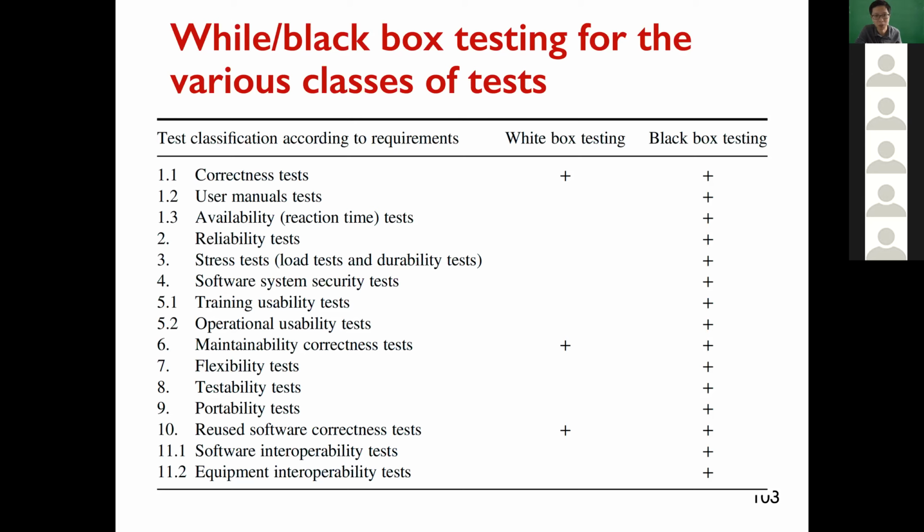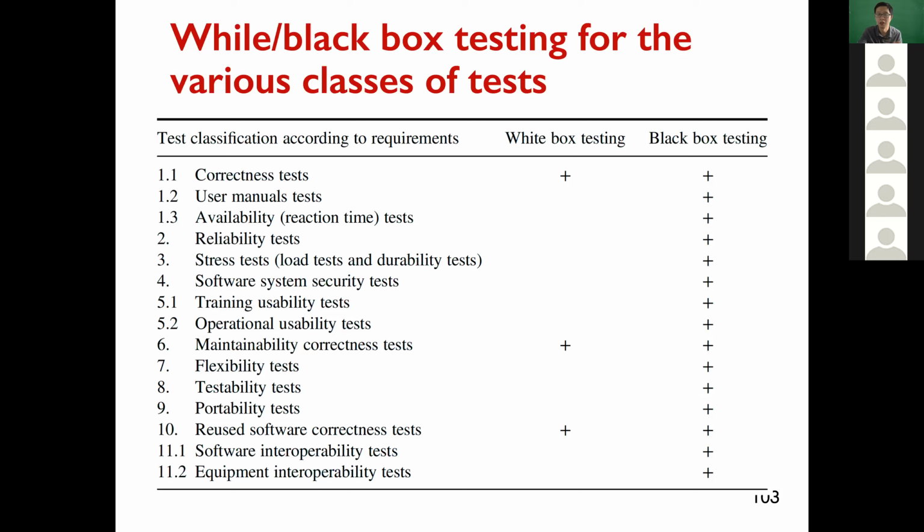For example, we use black box testing for correctness, availability, reliability, flexibility, portability, and other attributes. But white box testing can only be applied in a few cases, like testing correctness, maintainability correctness, and reused software correctness. All these tests are correctness tests.